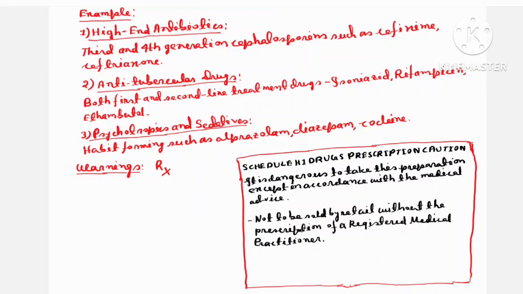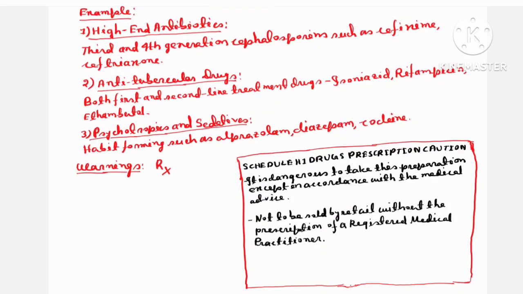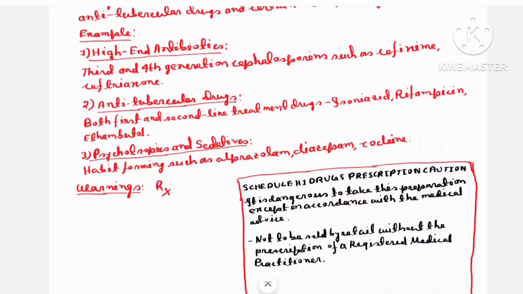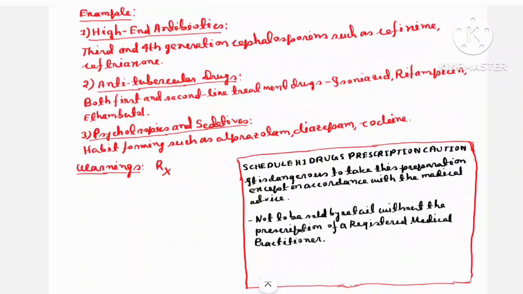But in the case of H1 drugs, there should be a specialized logbook and dispense book, which should be kept for 3 years and monitored during inspection. In it, the name of the prescriber, the address of the prescriber, along with the name of the patient, the name of the drug, and the quantity of the drug prescribed should be mentioned.